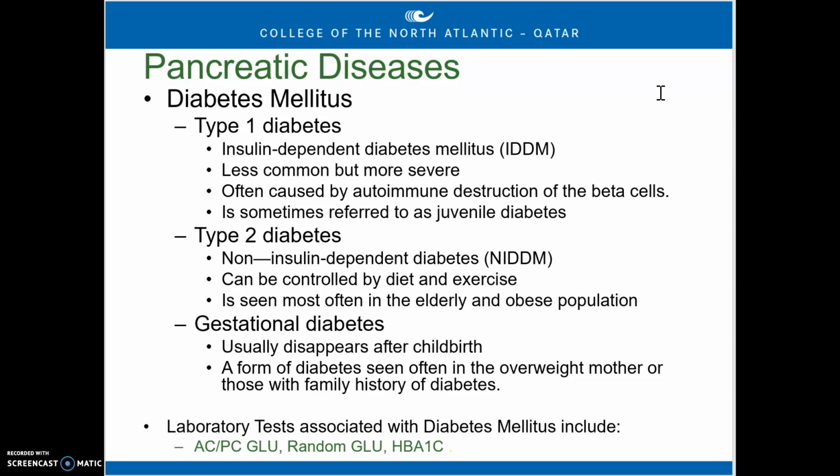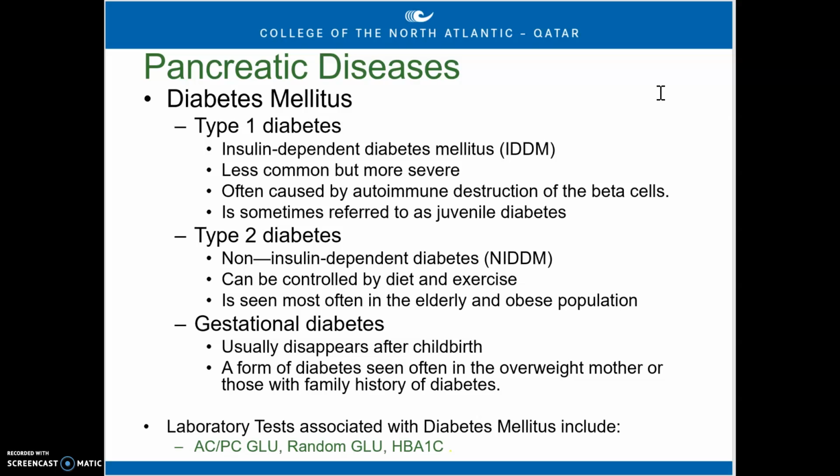So we see this quite commonly in older folks. But it can also be caused by people who are obese. So this is one that we'd see in the general population where we have a more sedentary lifestyle. People aren't quite as active. This can be controlled by diet or exercise. So you can be diagnosed with type 2 diabetes.